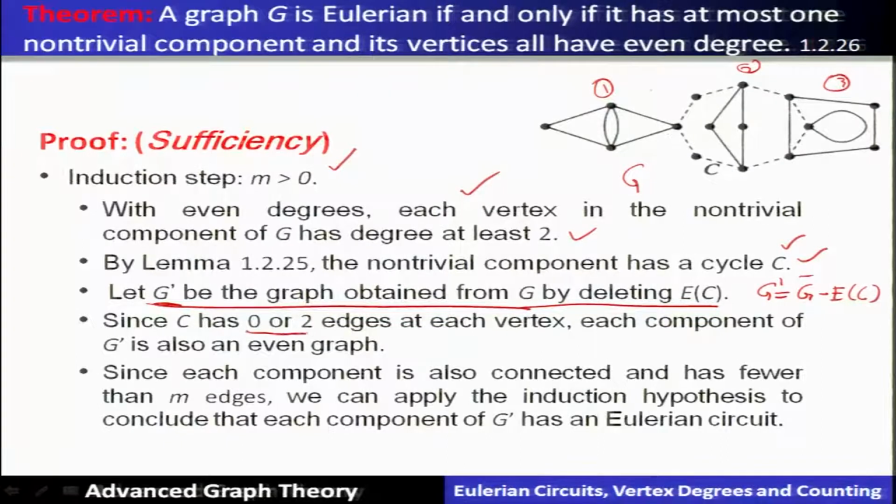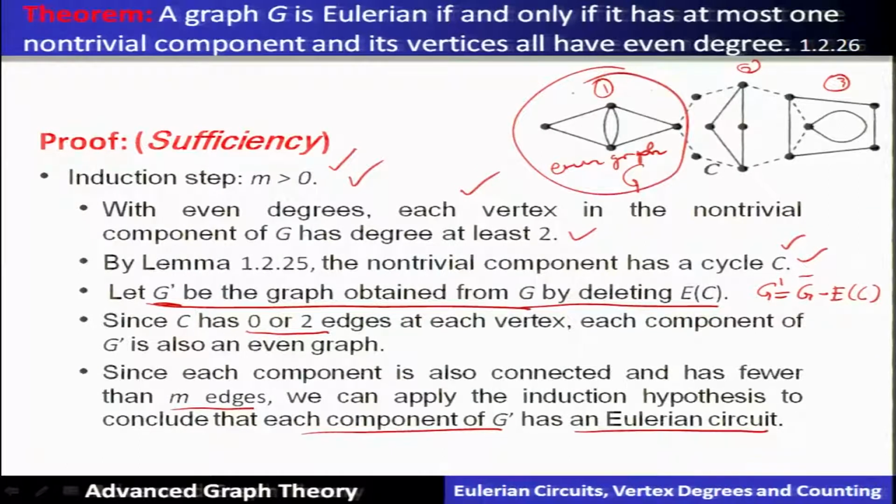So, C has 0 or 2 edges at each vertex, and each component of G prime is also an even graph. Now, since each component is also connected and has fewer than m edges, we can apply the induction hypothesis to conclude that each component of G prime has an Eulerian circuit.